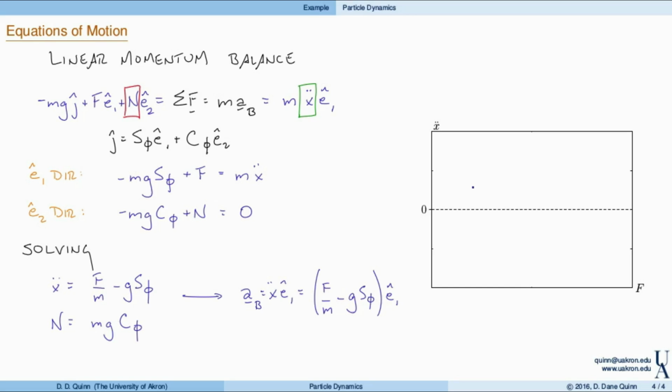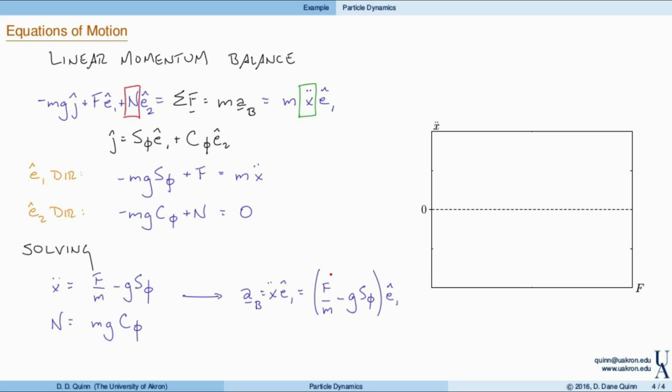Now, just to give you a little more information and insight about this problem, I can plot the acceleration as a function of the applied load, F. F was assumed to be constant, right? But if I let this be a variable in the system, then again we can find the acceleration as a function of F. And it ends up just being a straight line. So here we might have something that looks like this.